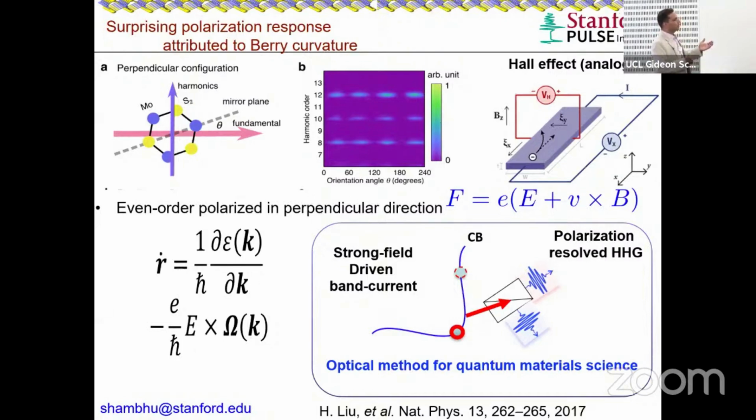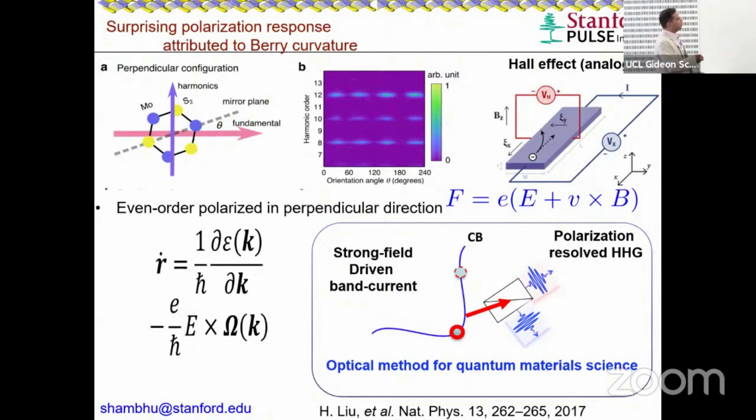But in our case, the applied field is significant, so this term becomes comparable to the normal group velocity term, and similar to what would happen to a driven electron if there was an artificial magnetic field, there would be an anomalous current in the perpendicular direction to the normal current, and that would radiate the harmonics with the polarization perpendicular to the driving field.